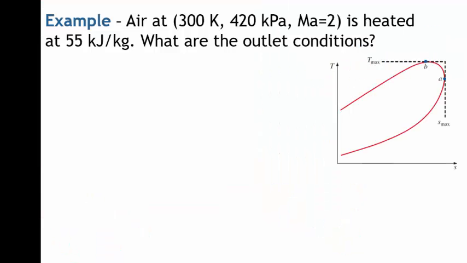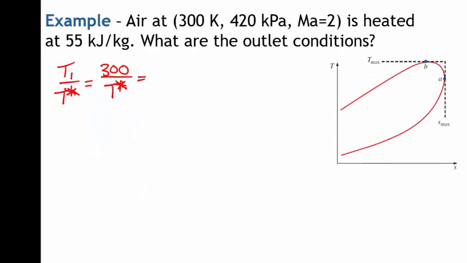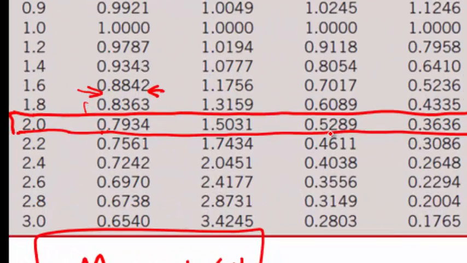Okay, so once again, I'm going to take my inlet condition, T1, that I know, and I'm going to solve for what is T star, the point at choked flow. The inlet was told I was at 300 Kelvin, and I'm solving for T star. And so what's that ratio? Again, I do that at the inlet. So let's look at my inlet. Mach number is 2, and so that's going to be 0.5289, this value right here, that is the ratio.